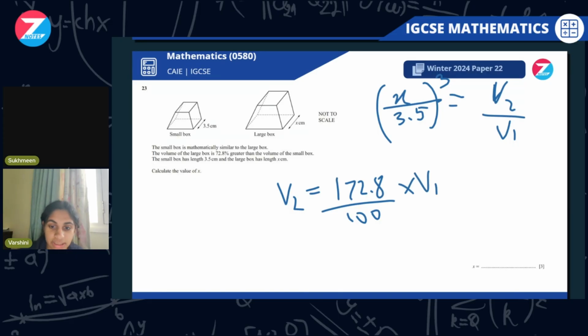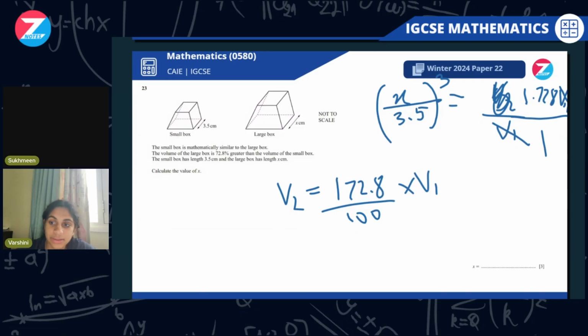Then using this, instead of v2 over here, we can write 1.728 v1 by v1, dividing by 100. Since the v1s are the same, we can just cancel them out. Now we have this equation and we just need to find x.